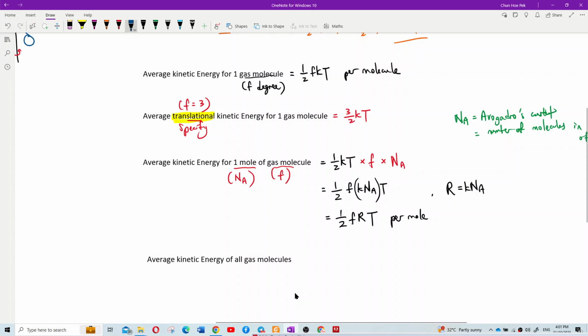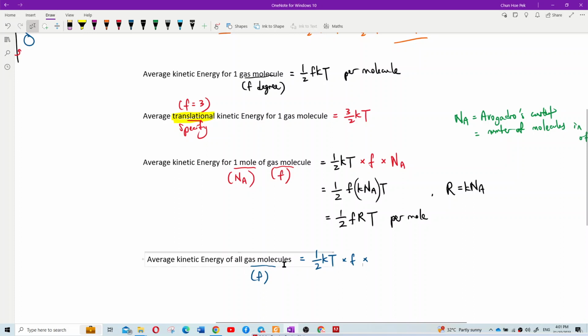So how? Start from our half kT. We know that a gas molecule has F degrees of freedom. We don't know how many degrees, what kind of molecule. So multiply F, and this is the kinetic energy for one gas molecule.